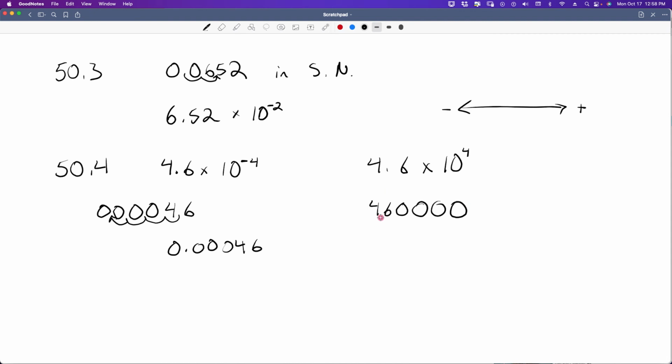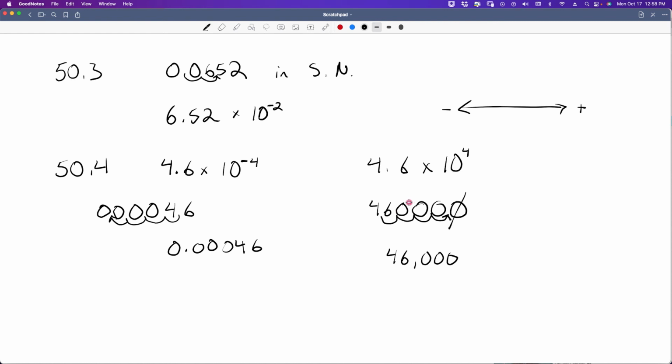And I'm going to start with my decimal point where it is, and I'm going to make 4 hops or 4 moves. So 1, 2, 3, 4. That's where I put my decimal place. So I can drop any zeros behind the decimal place. So the answer here would be 46,000 because I have 3 zeros before the decimal place.